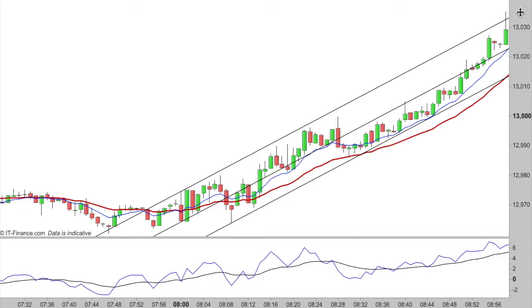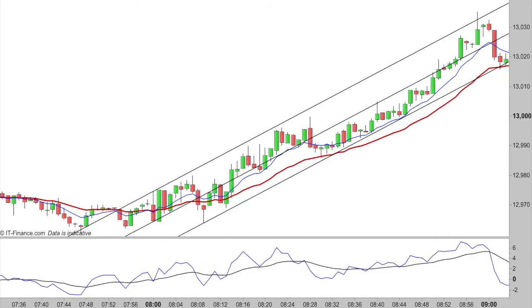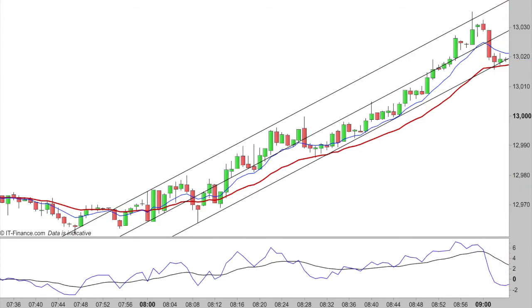Very often, well, the market always moves within periods of momentum and regression, and when you've had a period of momentum and it's exceeded the high of the value range, then quite often you get some kind of pullback, and you can see that that's exactly what happened here, reacting to the bottom of the value channel here.